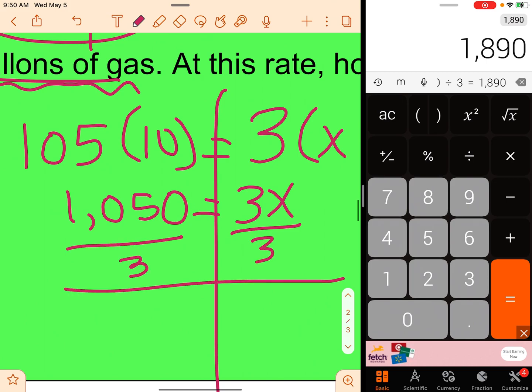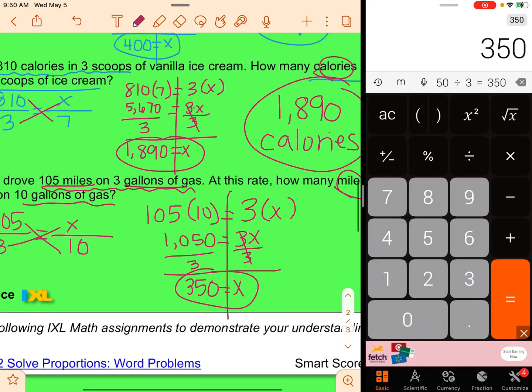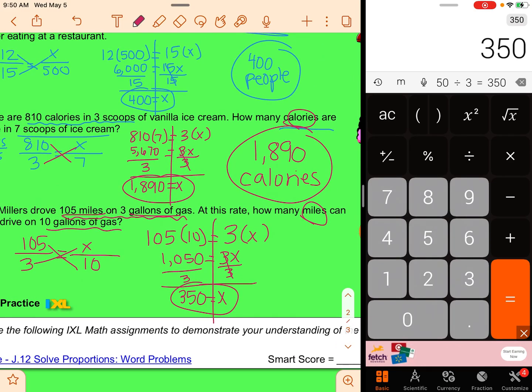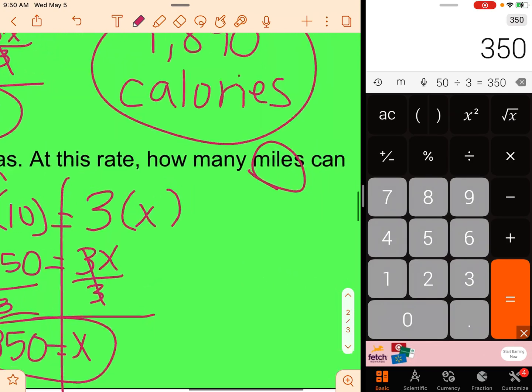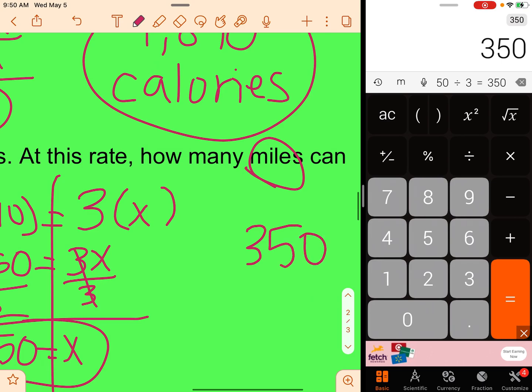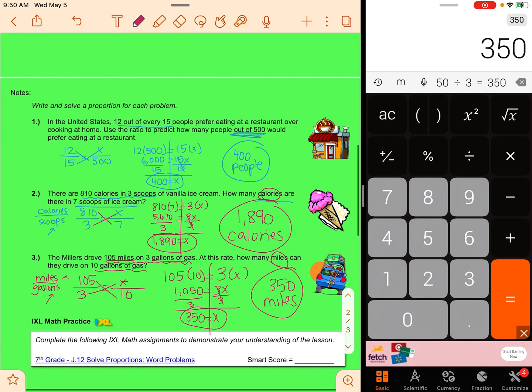Our 3s cancel out, and we're left with X. 1,050 divided by 3 gives us 350. Now we need a label. This 350 stands for miles, so the answer is 350 miles on 10 gallons of gas.